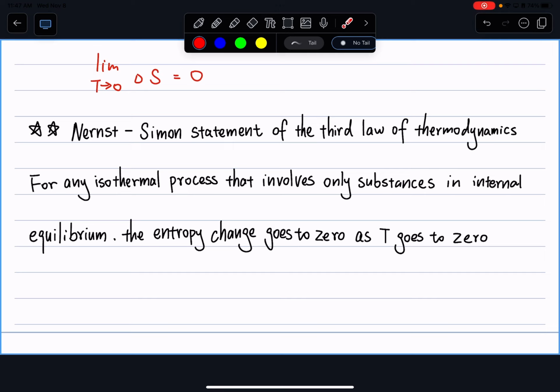So it's like when you have a reaction of two perfect crystals, both approaching 0 Kelvin, the reaction of those two pure crystals, when temperature approaches 0 Kelvin, will have the entropy change go to 0. All right, so this is just a quick introduction to the third law of thermodynamics. We'll do that again at the beginning of our next lecture, which is on Monday.